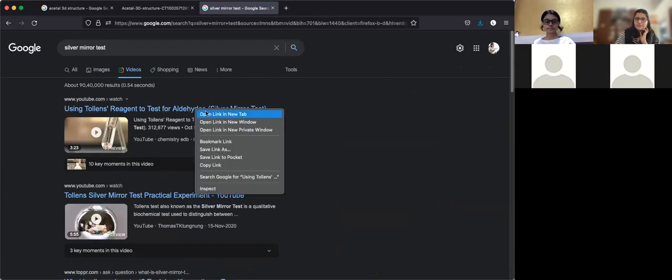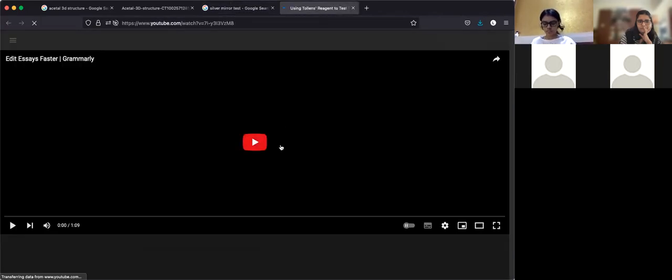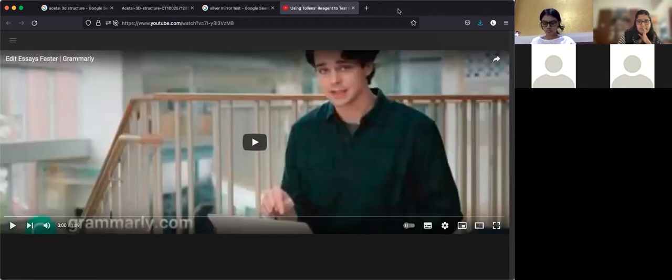Yeah, it's used to test for aldehydes. Both regular aldehydes and aromatic aldehydes give this test. Primarily.